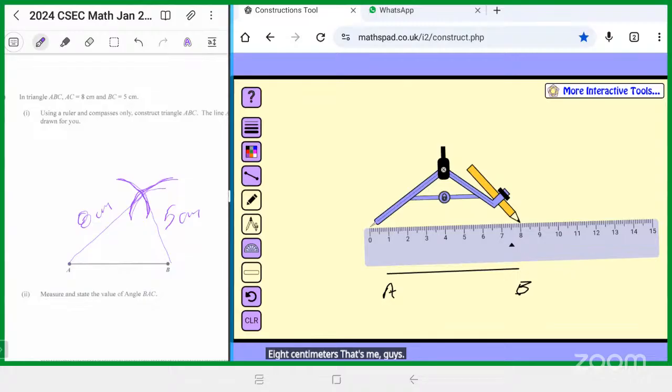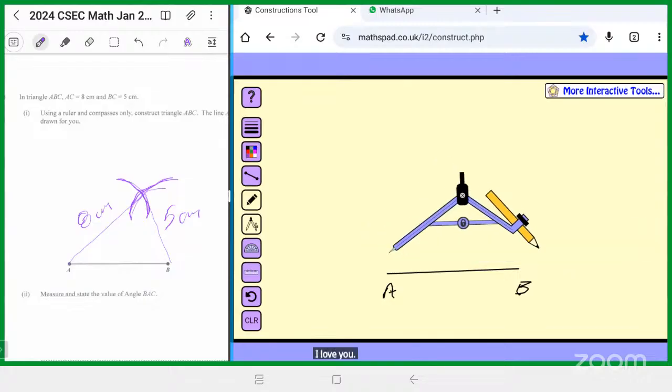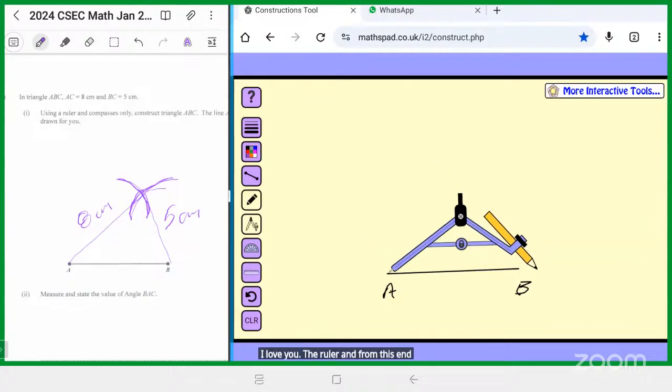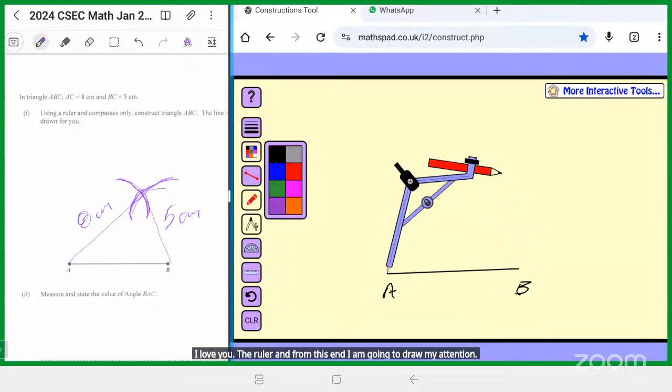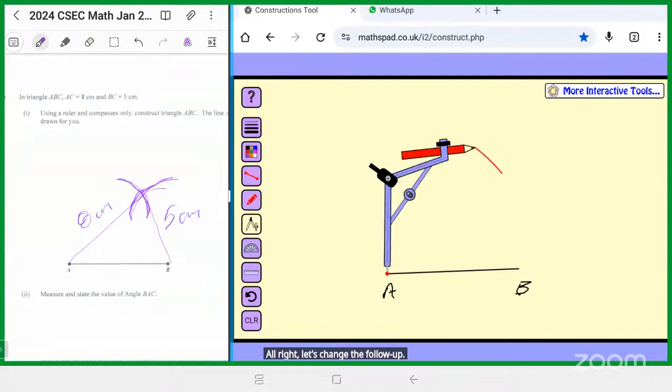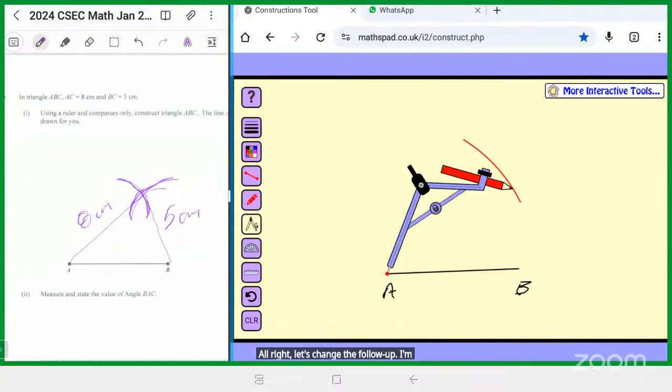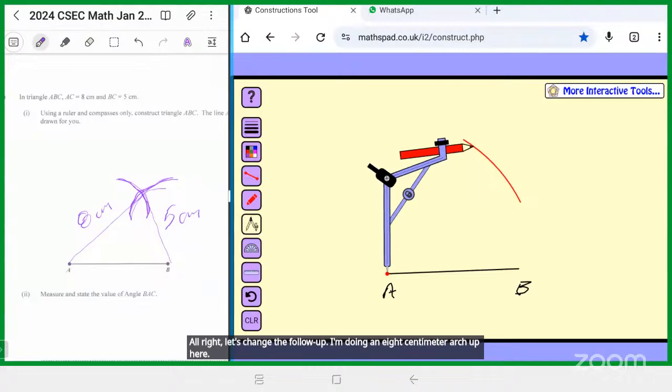Lock it. Move the ruler, and from this end, I am going to draw my 8 centimeter arc. So C is somewhere on that arc.